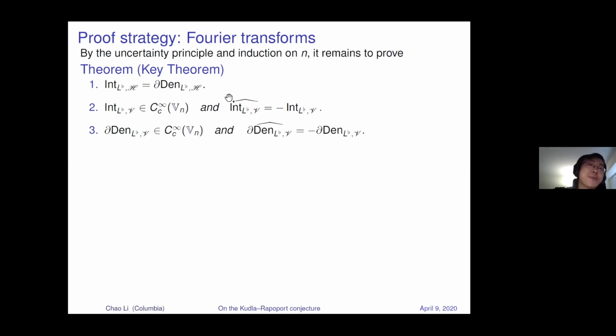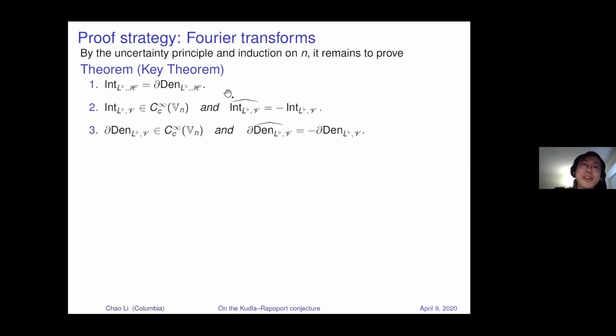So I guess you would agree that if I can show this theorem, then I'll win by the uncertainty principle, because I subtract the singularity and the remainder is a Schwartz function that is essentially invariant under the Fourier transform. So if I know the support of my original function, I also have control over the support of the Fourier transform.